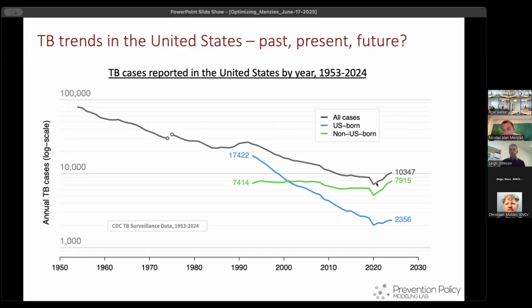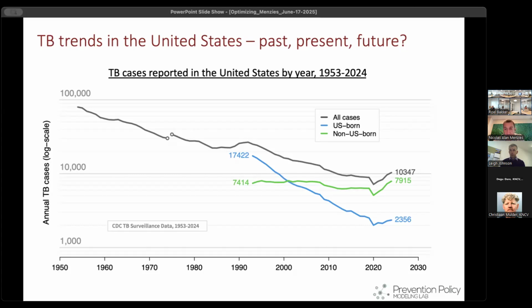Then when we keep marching forward, we get to the impact of the pandemic, where there was a short-term, 1 year decline in TB incidence, and then it's been increasing ever since, to a point where this year TB case rates are higher than they've been in about the past 10 years. Unclear where that's going, but certainly a point of concern.